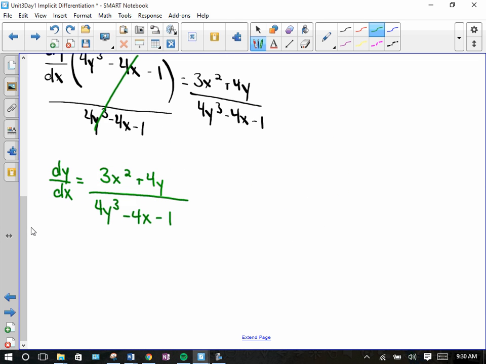Okay, so how do I find that slope? Well, I'm going to plug 1 in for x, 2 in for y.